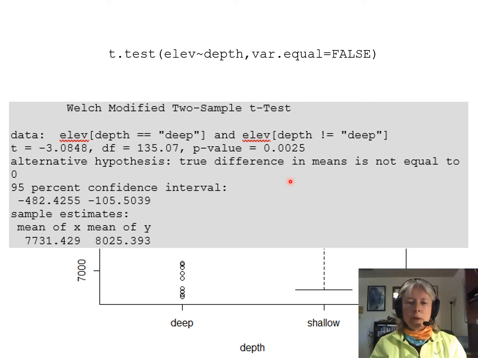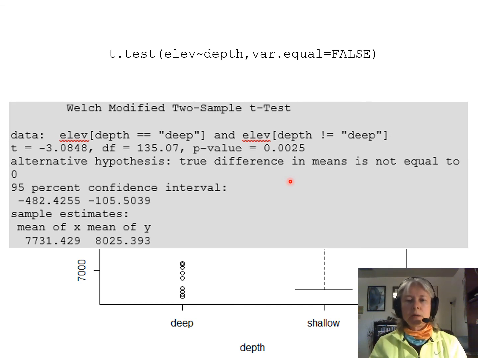The non-parametric equivalent of a t-test is called a Mann-Whitney U-test or a Wilcoxon rank sum test. Non-parametric tests relax a lot of the data assumptions, but to do so they sacrifice statistical power.